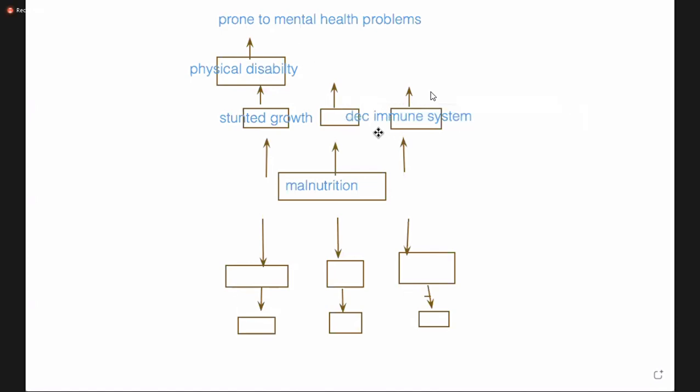Prone to infection. Yan. So, okay. So, papasok ka na naman. Maglalagay ka na naman dito ng another, draw ka na naman another table dyan. Okay. Prone to, ano yan? Sagot mo? Prone to infection po daw. Okay. Prone to infection.